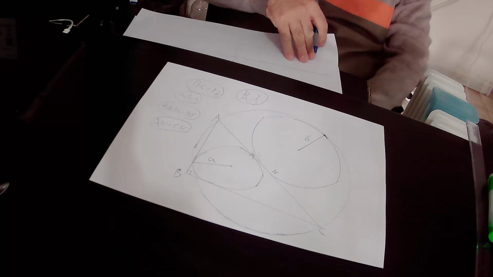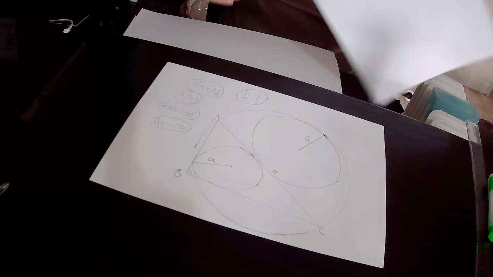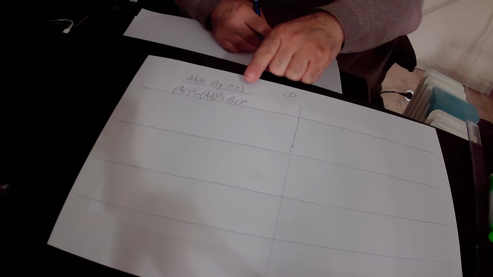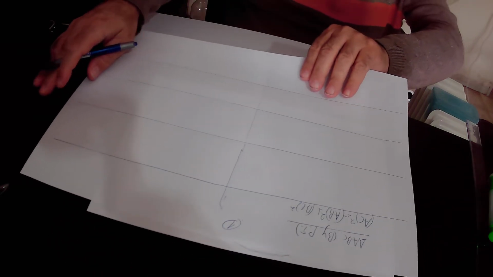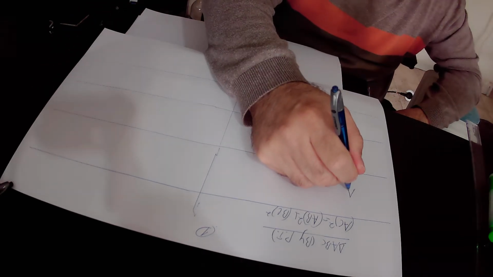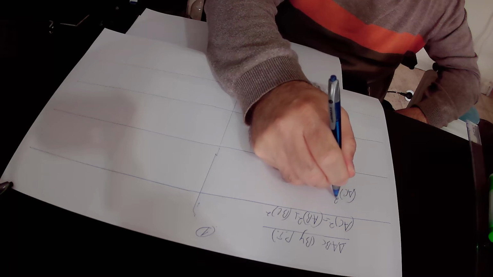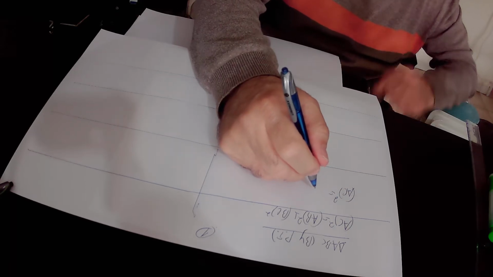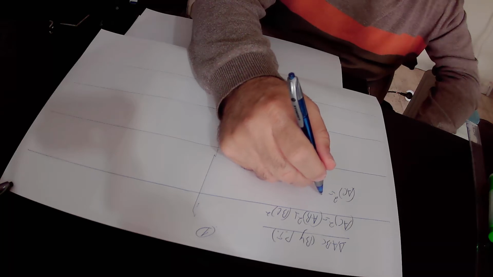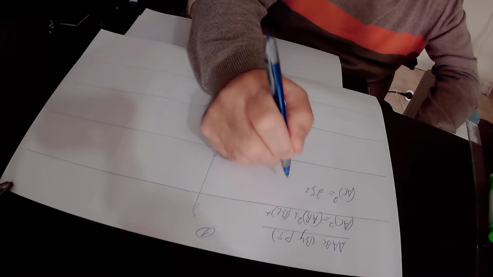Again, according to the Pythagoras theorem, in the right triangle ABC, AC squared equals AB squared plus BC squared. So AC squared equals AB squared. AB is 5, therefore AB squared is 5 squared, that is 25, plus BC squared.